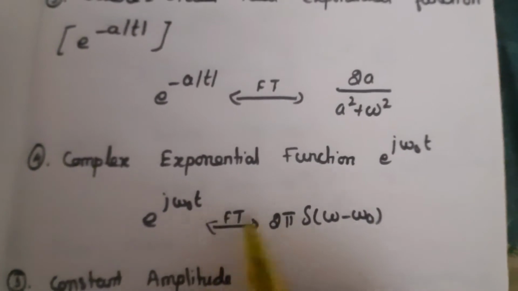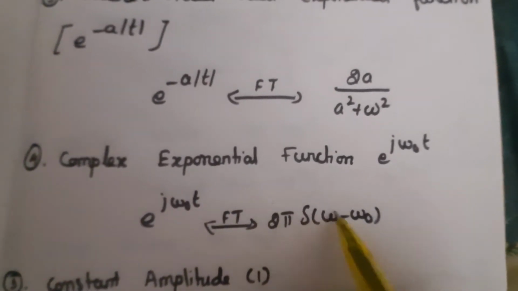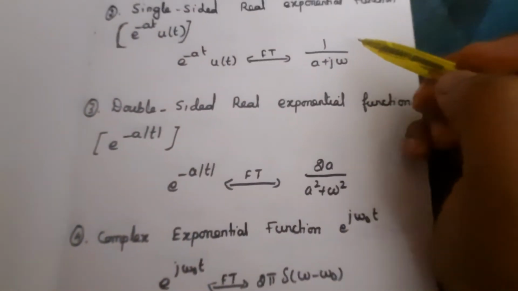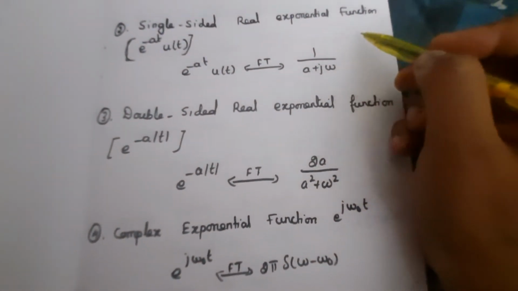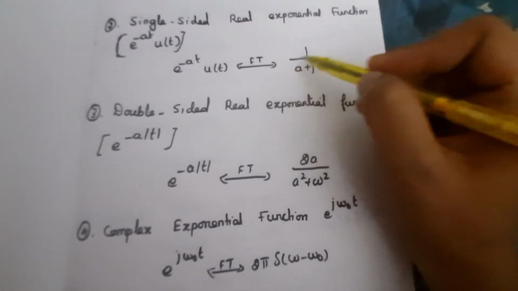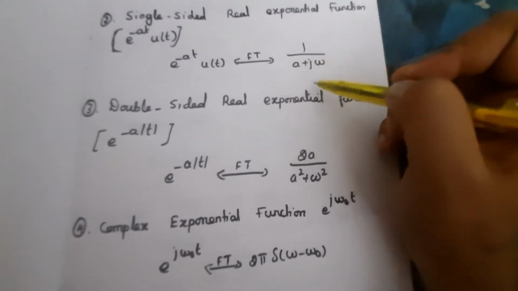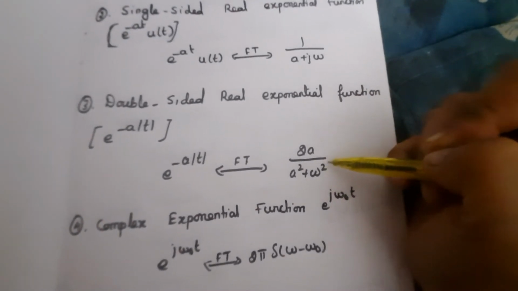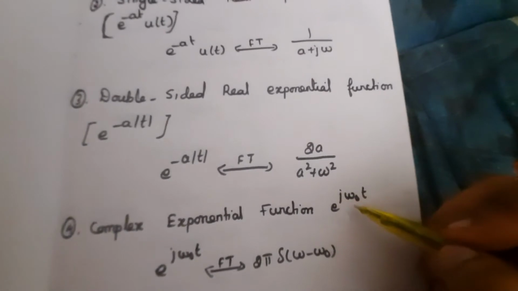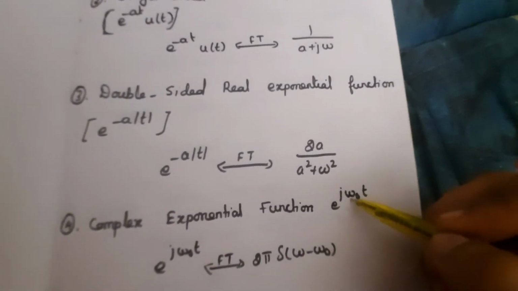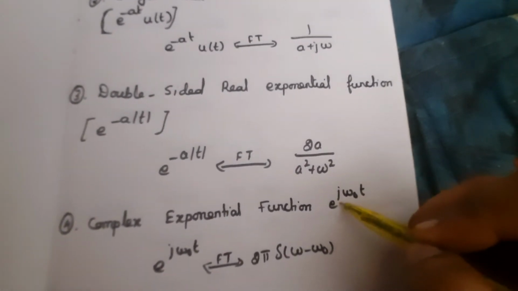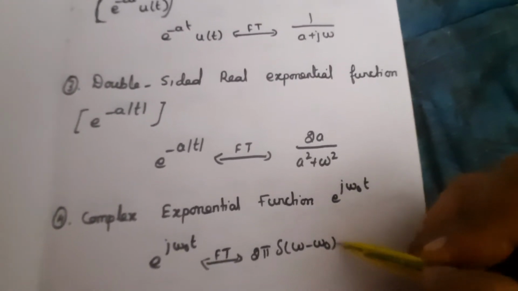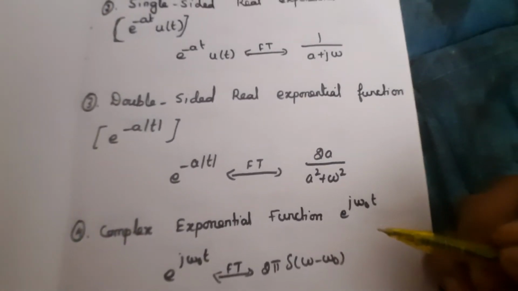So we studied the single-sided real exponential, which is 1 by a plus j omega; the double-sided real exponential, which is 2a divided by a square plus omega square; and the complex exponential function e power j omega naught t, for which we get 2 pi del omega minus omega naught.